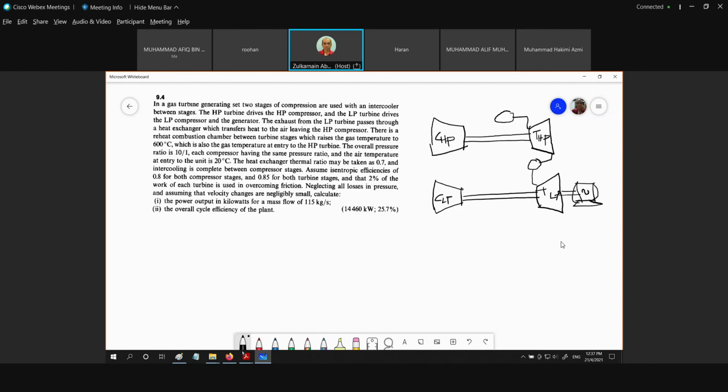Okay? How about the maximum temperature? Is there any difference between the maximum temperatures? So this 600 is also the gas temperature at entry to the high pressure turbine. So the temperature entering both turbines has the same value of 600 degrees C.